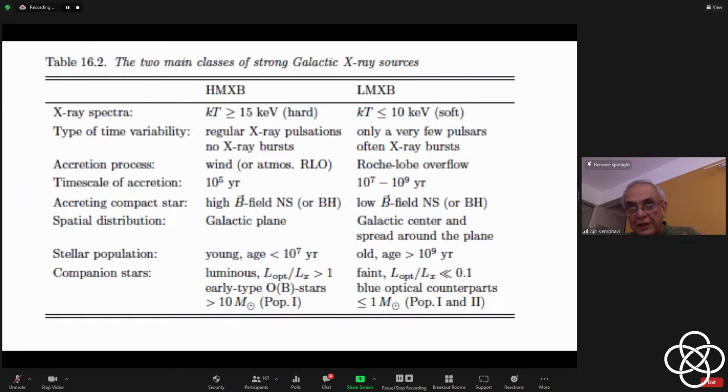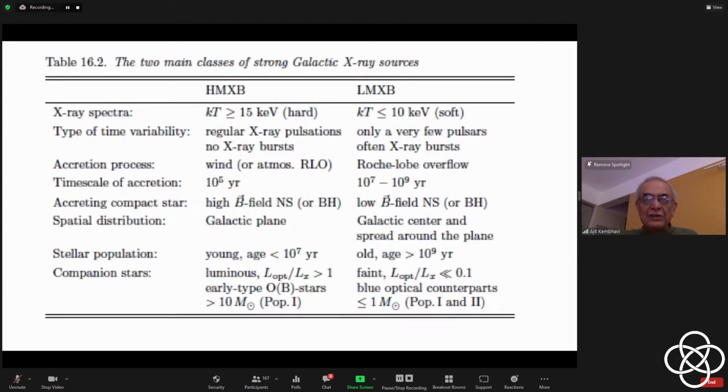There's also another thing. When matter falls onto a black hole, after it passes through the innermost stable circular orbit, it just falls into the black hole, goes through the event horizon and onto the singularity, and you'll never see any of it again. Whereas with a neutron star, as the matter goes closer and closer to the neutron star surface, eventually it actually hits the surface.